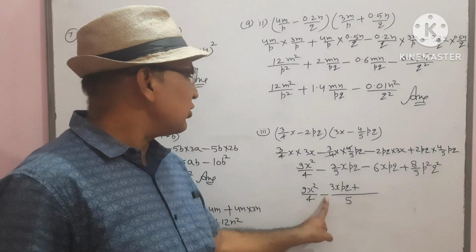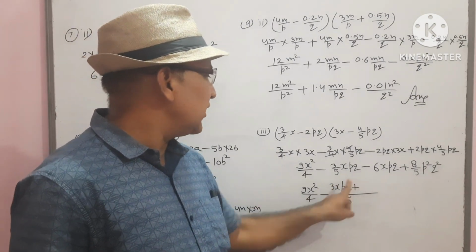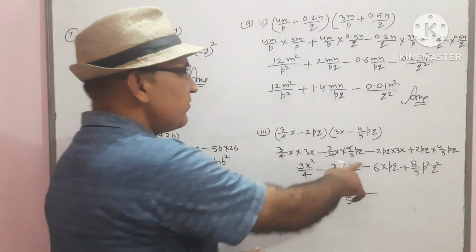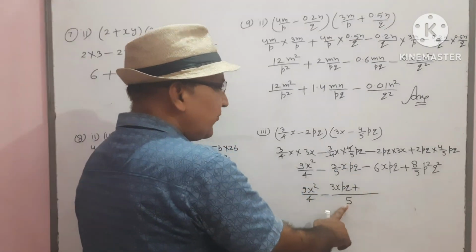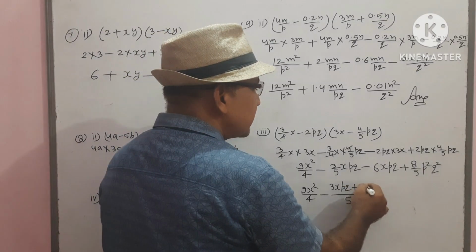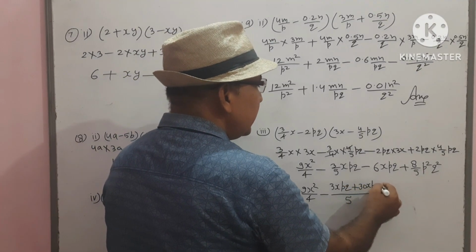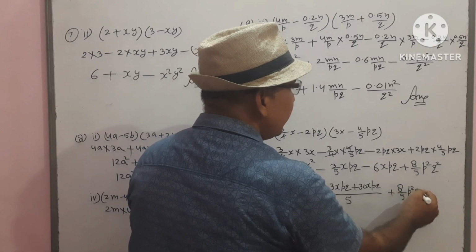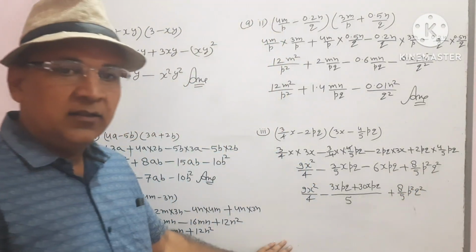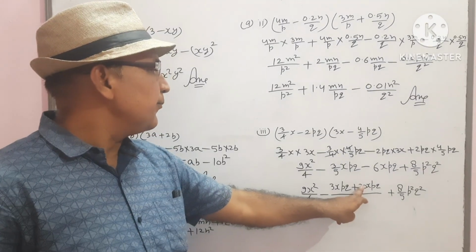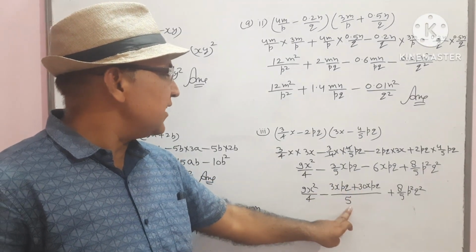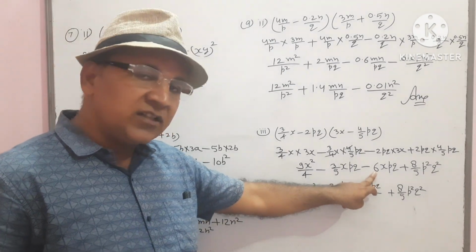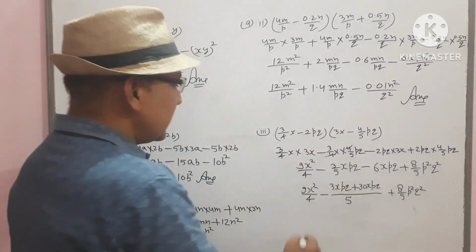When minus is taken common, then sign of both the numbers will be changed. 3xpq becomes positive here. This will also become positive, but 5 will be multiplied with 6. 30xpq plus 8 by 5 p square q square. Understood why it is 30? Because 5 is taken LCM here. There is no denominator, so 5 will be multiplied with 6. Now write your answer.